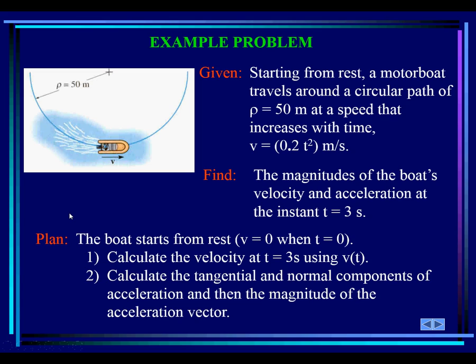This is the plan. The boat starts from rest when t is equal to 0. Then we calculate the velocity at t equals 3 seconds using the function that we're given. The fact that you have 0.2 t squared means for sure there is an acceleration, because it's the change of that velocity in time.